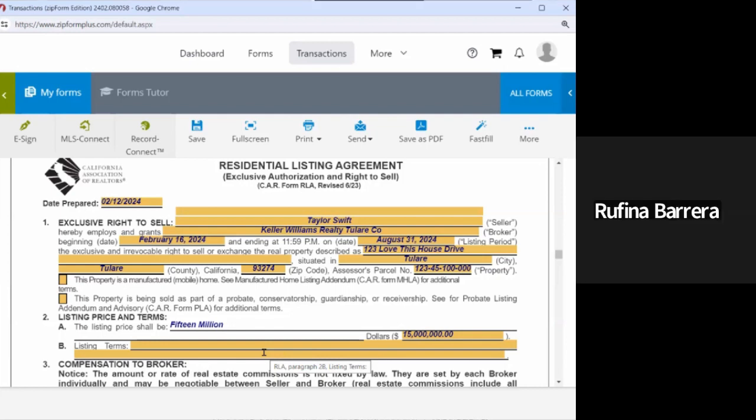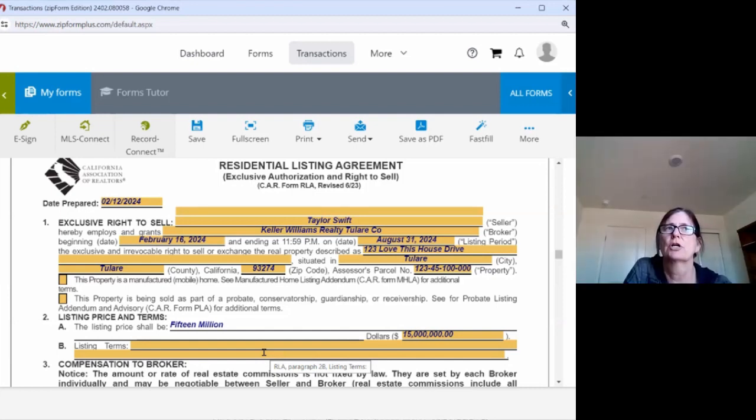Okay, so when you upload, you need to upload this document as it is. So if I print this, I'm going to have most of the information filled out. I'm only going to have just a couple of key strategic things that I'm going to have to fill out by hand when I get there.